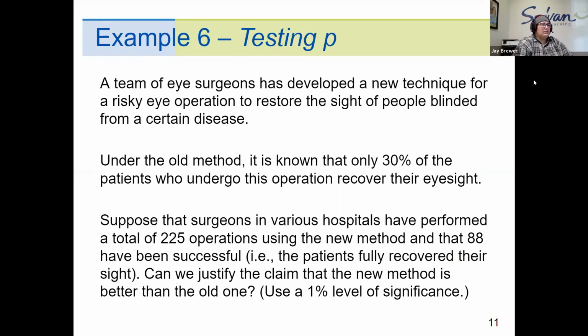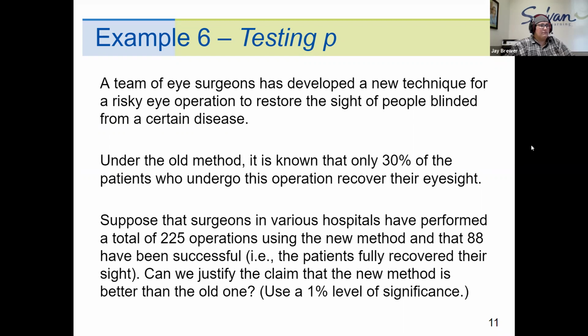In example 6, for testing P, a team of eye surgeons has developed a new technique for a risky eye operation to restore the sight of people blinded from a certain disease. Under the old method, it is known that only 30% of the patients who undergo this operation recover their eyesight.